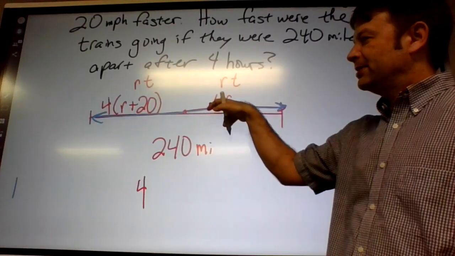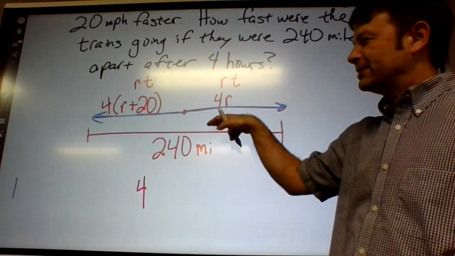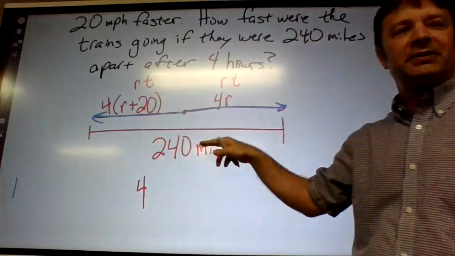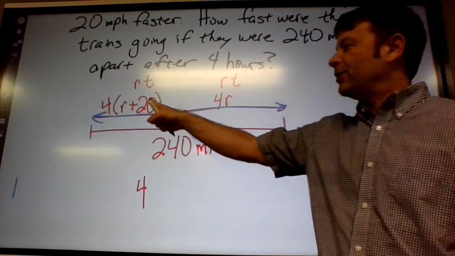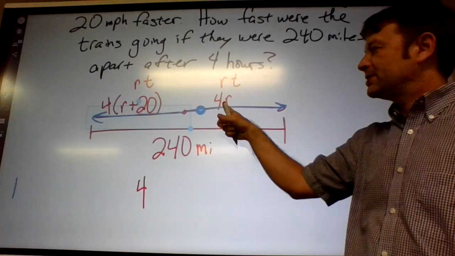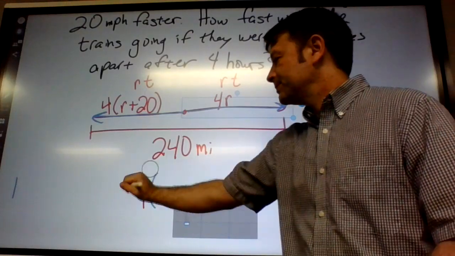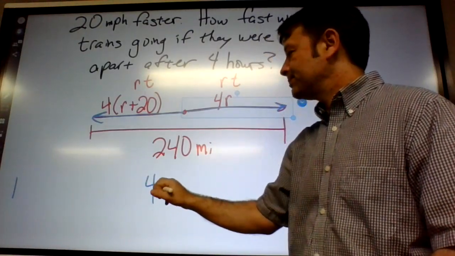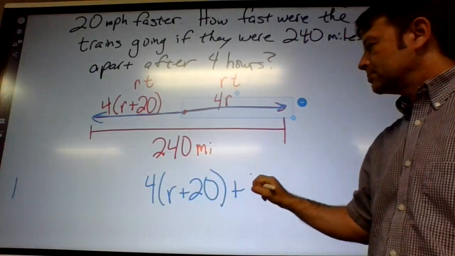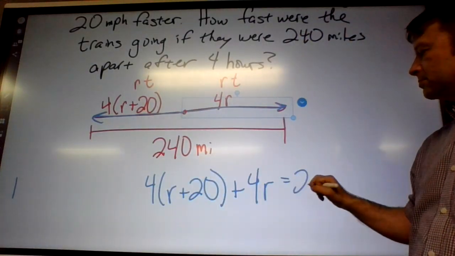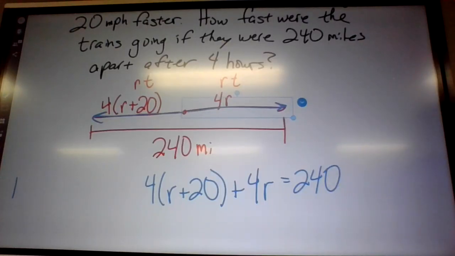Do you guys get it? These two together are the same as this. Therefore this plus this equals that. So what do you find? That's what I said. No, you said times. Did you mean plus? Yes.